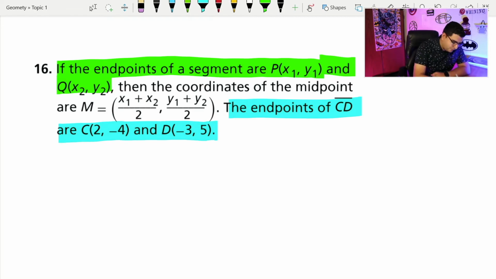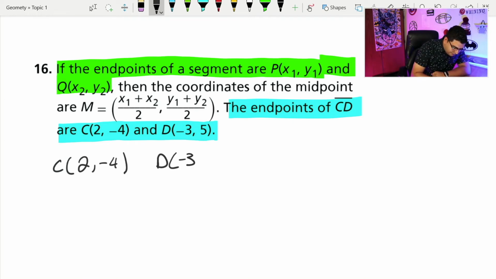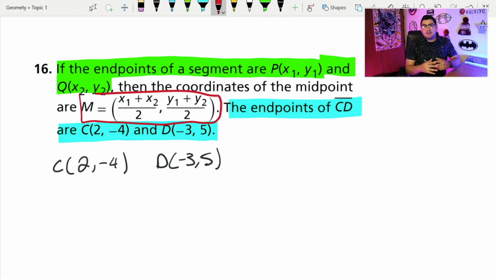So why don't we do that? Why don't we review the midpoint formula right now? While we're at it, we can do C, which is 2 comma negative 4, and D, which is negative 3 comma 5, and again we're going to plug these into this formula. I'm allowed to do this because it flows with the conclusion.